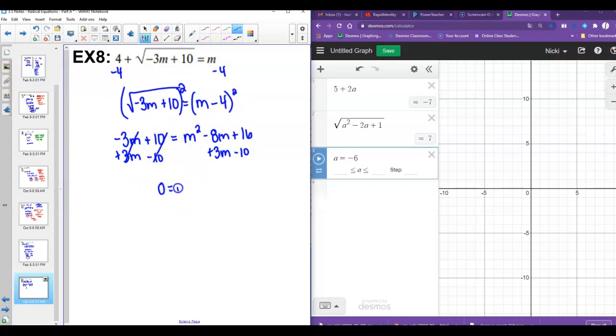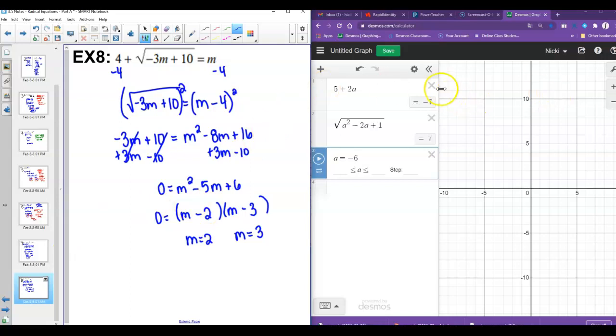And so 0 equals m squared minus 5m plus 6. We'll just factor this here, and we're going to use a negative 2 and a negative 3, which means we'll get m equals 2 and m equals 3 as our answers.